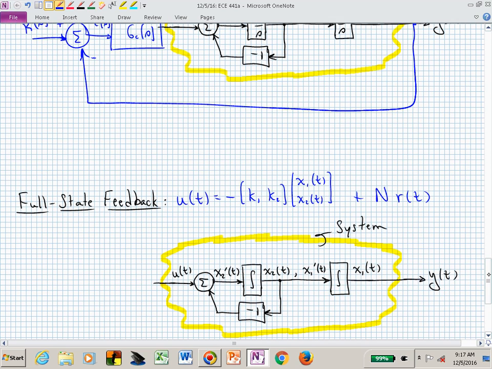Compare that or contrast that with full state feedback. Here is the same system, and now you should be comfortable with going time domain, frequency domain. We haven't done anything different to our system. It's just now how we want to control it. Now what do we do?